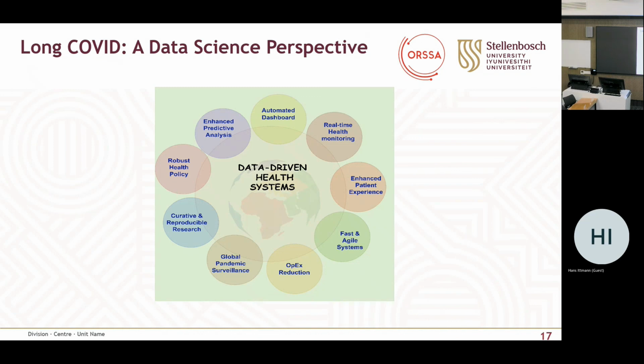With the model, a doctor can predict, okay, with these comorbidities, these are the likely symptoms that may eventually show up. Because the patient or long hauler may not be able to explain him or herself, this fast agile system will come about with the use of data science and also enhance patient experience.